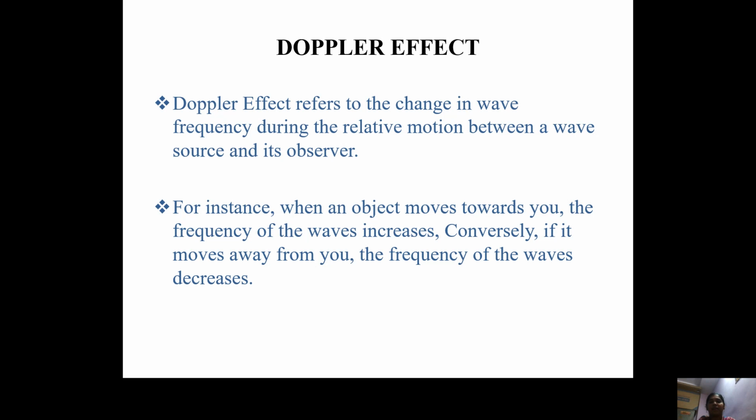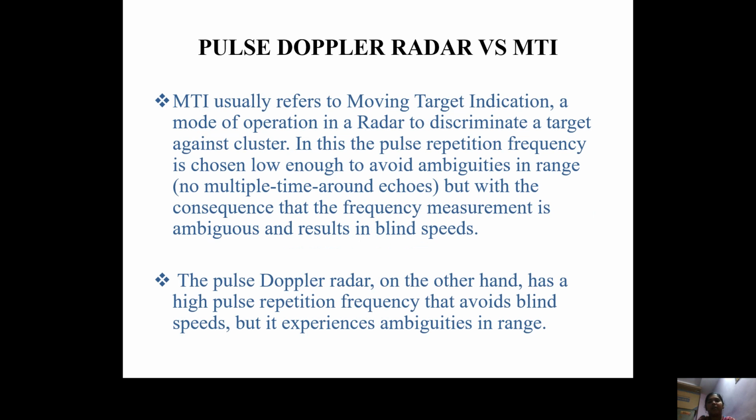We have seen already what the Doppler effect is, which is nothing but the frequency shift introduced for moving targets to separate them from stationary targets. Now pulse Doppler radar versus moving target indication.